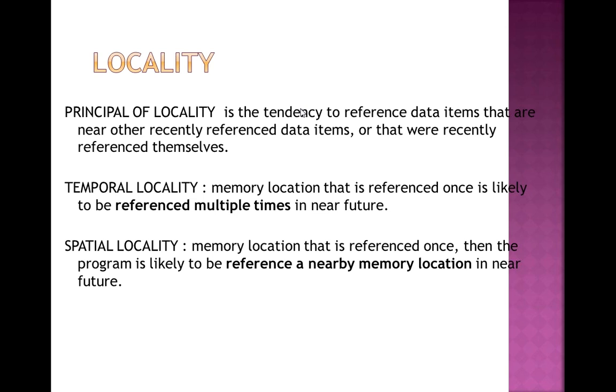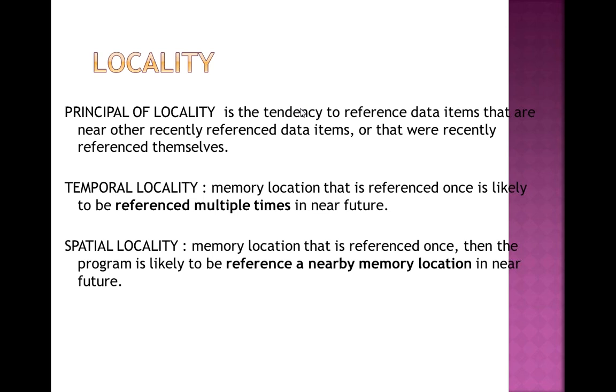Then we have discussed locality. What is locality? It is a tendency to reference data items that are near other recently referenced data items, or that were recently referenced themselves. That is known as the principle of locality.